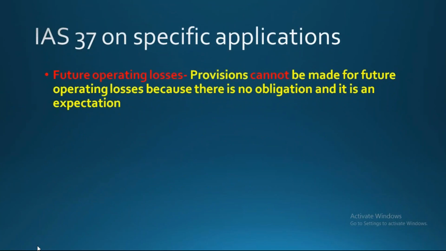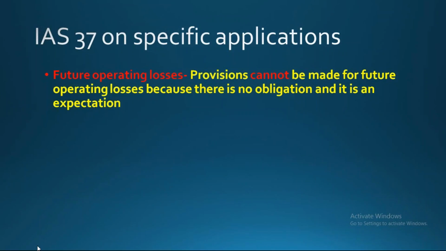This is the condition which I want you to look at. IAS 37 on specific application: future operating losses. Provisions cannot be made for future operating losses because there is no obligation and it is an expectation. This is the condition that we will apply and say, according to IAS 37, provision need not be made for future operating losses because the film is not yet even screened.